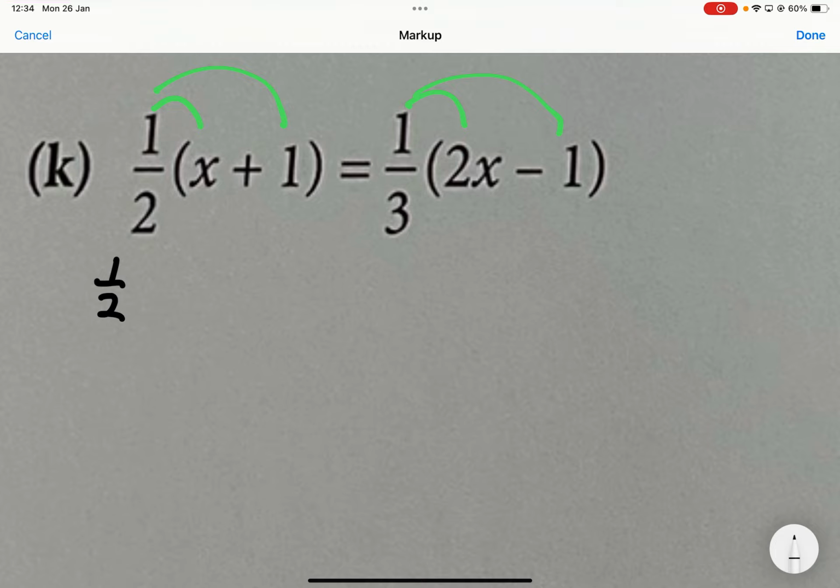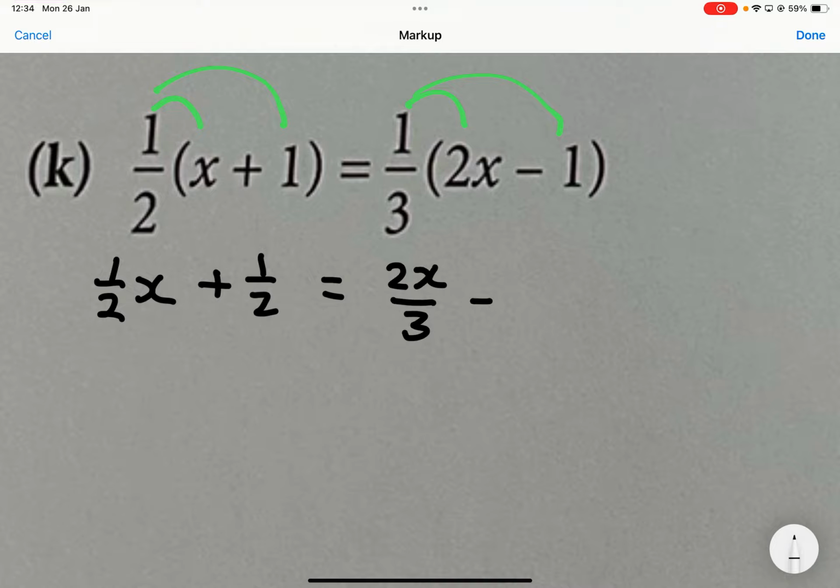So half times x is half x. Half times 1 is half. I never do anything to any side, I am just rewriting this as this. Same on the right. I just do my expansion only, writing this in simplified form.